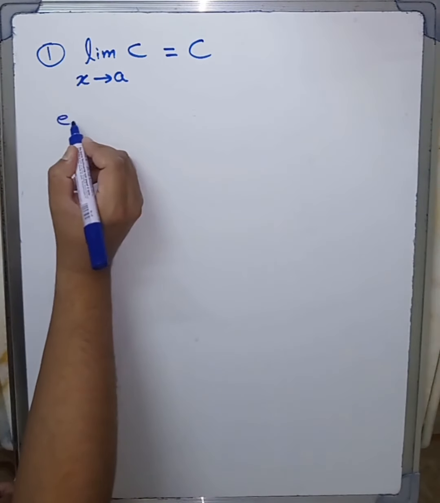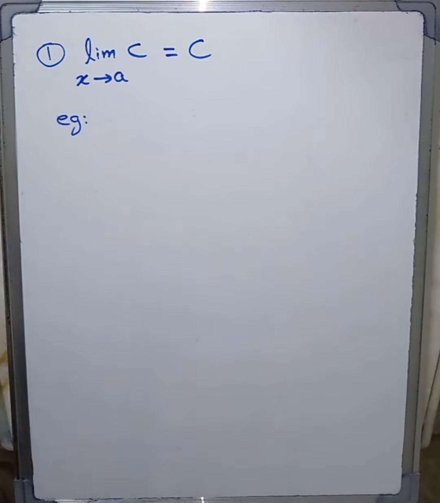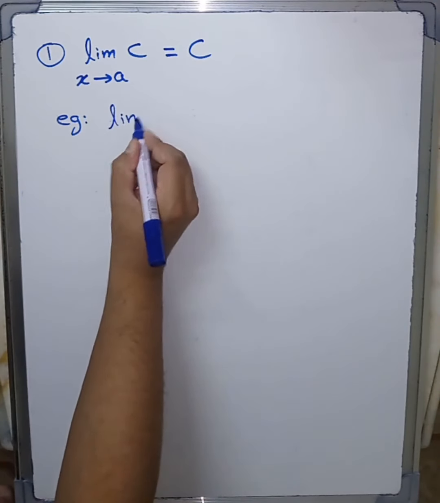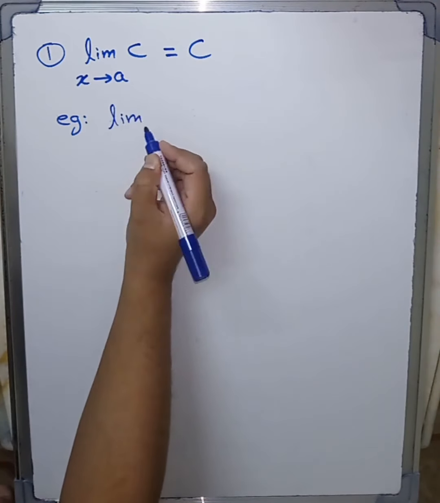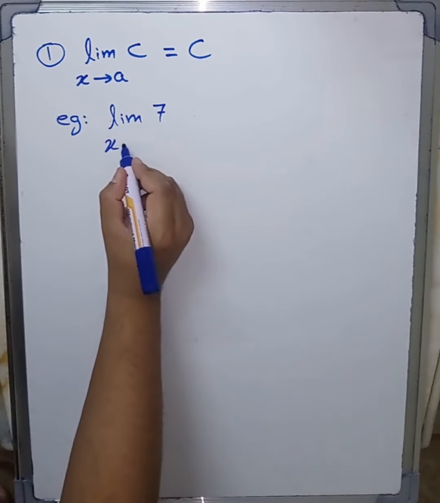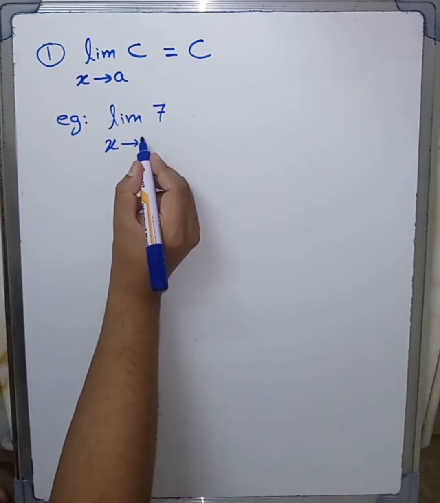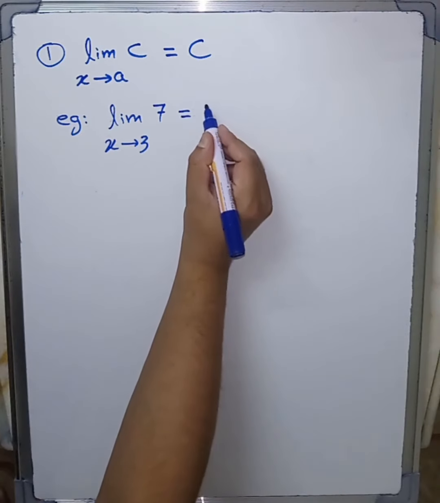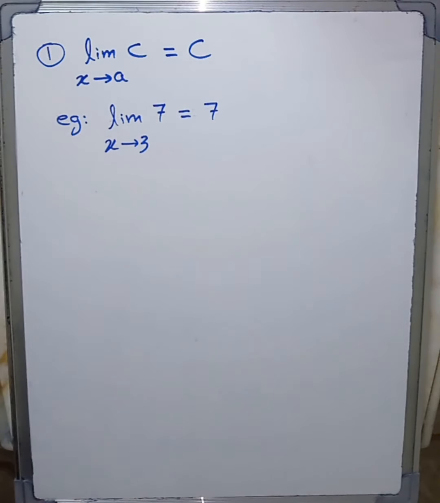Let us see an example. Limit of 7 as x tends to 3 will be equal to 7.